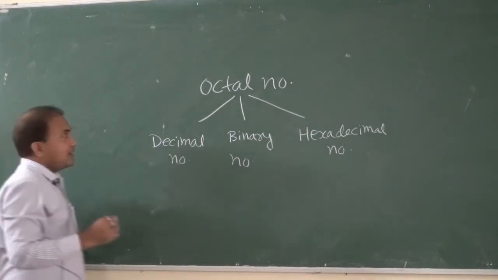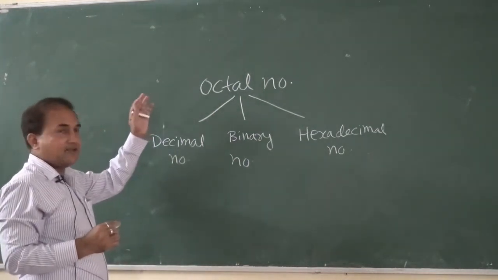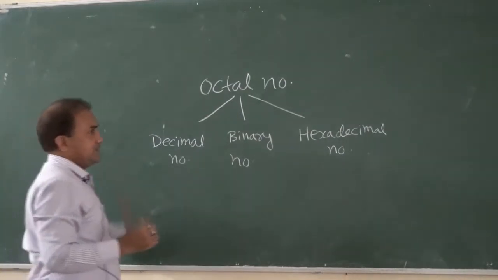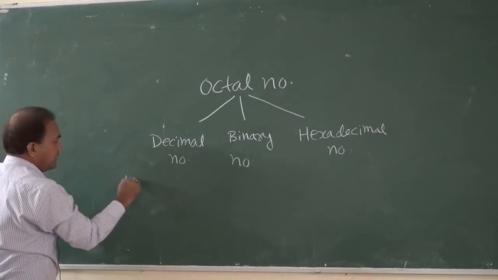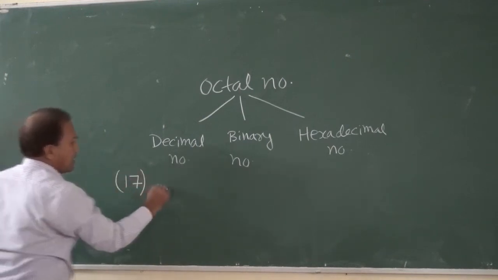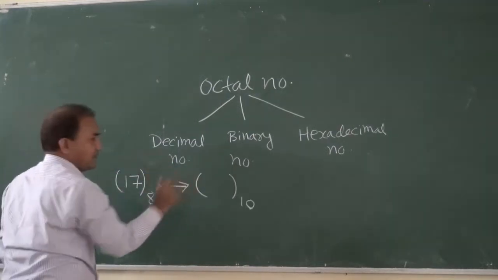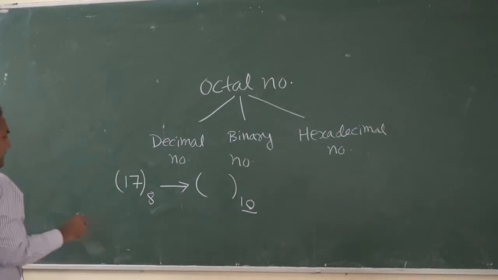So first of all, we will see how we can convert a number given in octal to a decimal number. Suppose the octal number is 1 7. Its base is 8. How can we convert it to a decimal number whose base is 10?